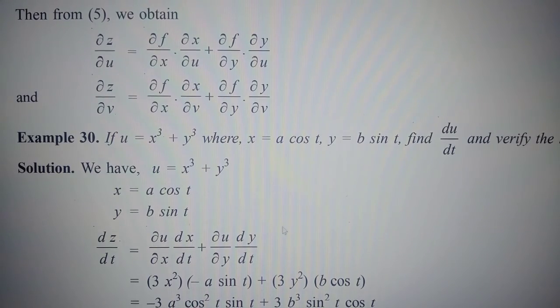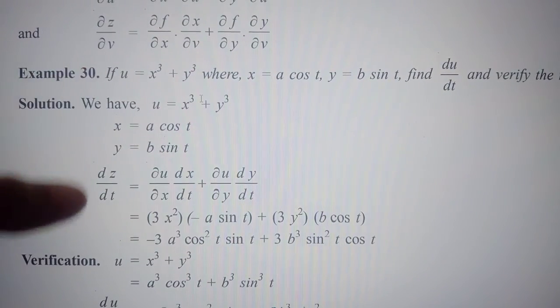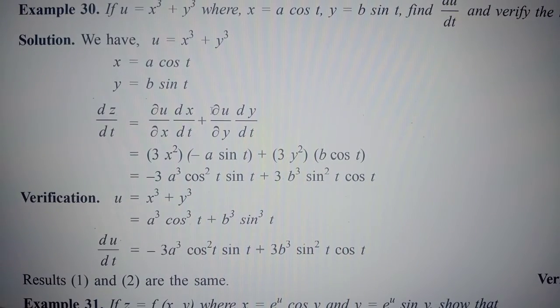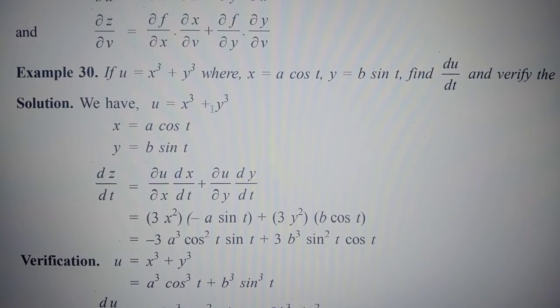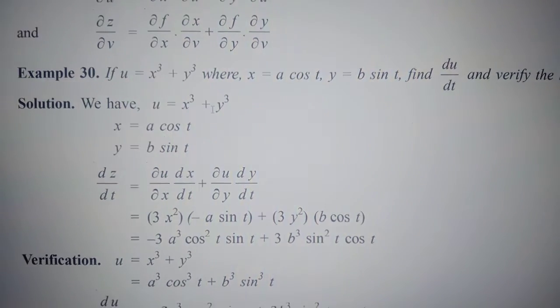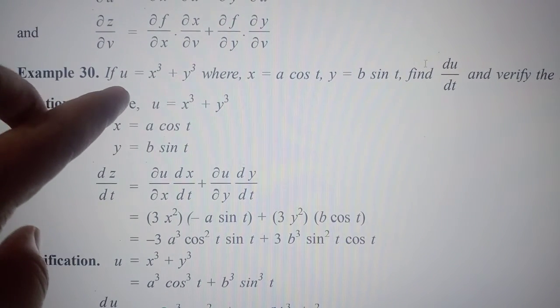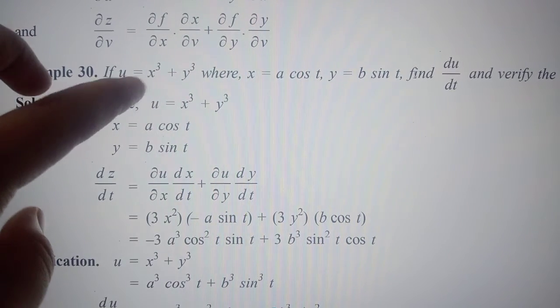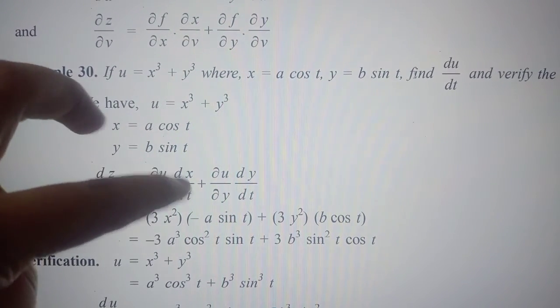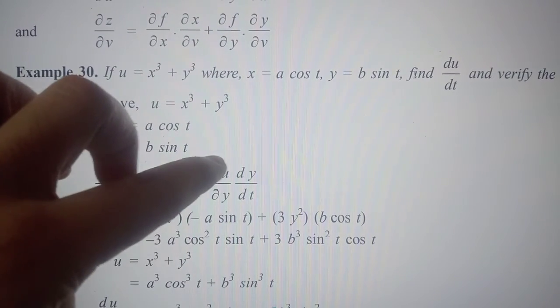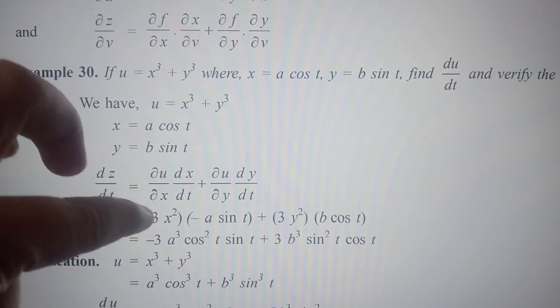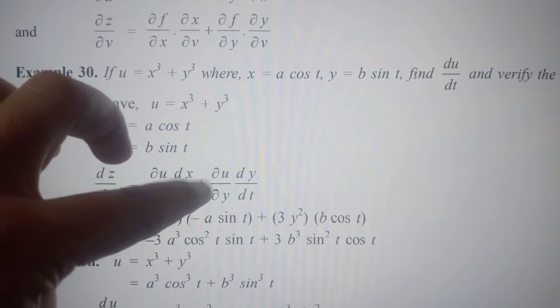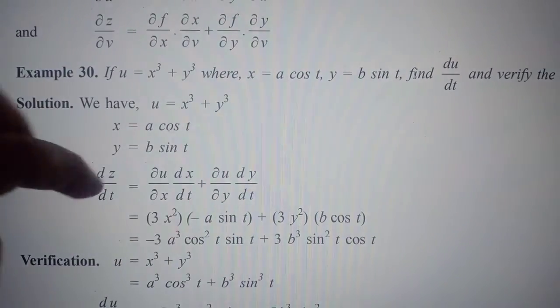So we know the formula: u is a function of x comma y. For that we know the equation, that is du by dt is equal to dou u by dou x into dx by dt plus dou u by dou y into dy by dt.